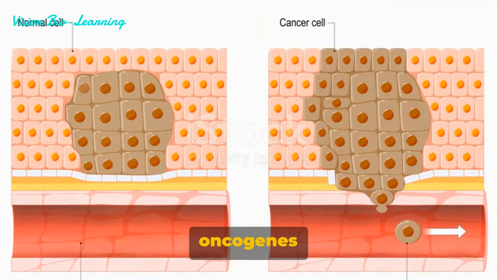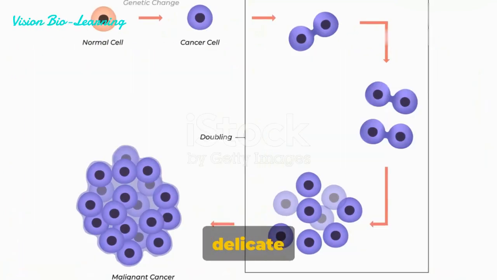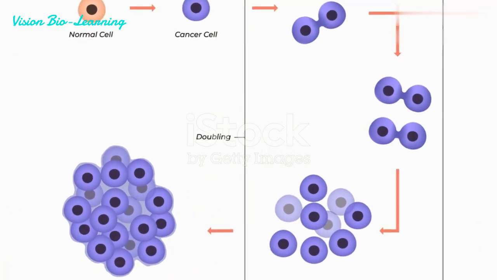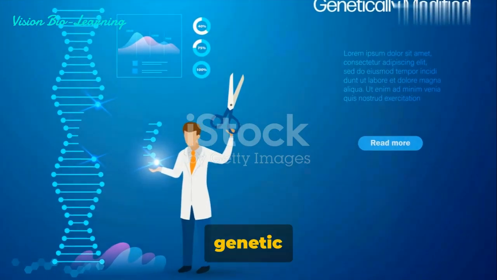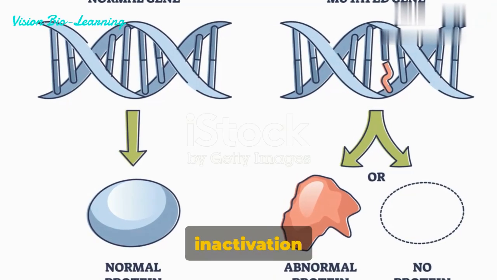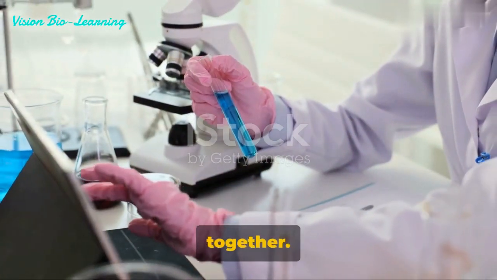Mutations that activate oncogenes or deactivate tumor suppressor genes can tip the delicate balance of cell growth and death, leading to cancer. The interplay of these genetic alterations, activation of oncogenes, and inactivation of tumor suppressor genes gives rise to cancer. So, let's tie it all together.